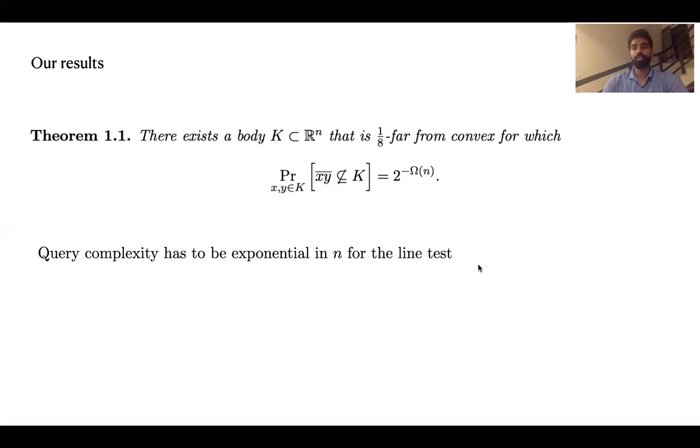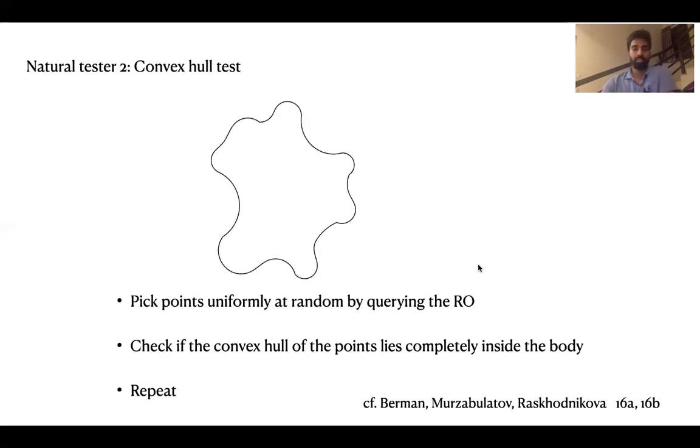The other one is the natural convex hull test, which is an extension of the line test. Let me describe what it is. Here, instead of picking 2 points, you pick a set of points uniformly at random by querying the random oracle, and then check if the convex hull of these points goes outside the body.